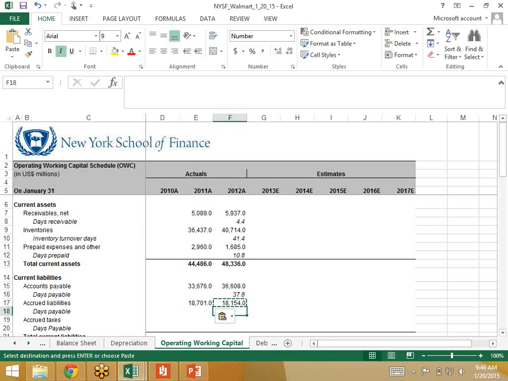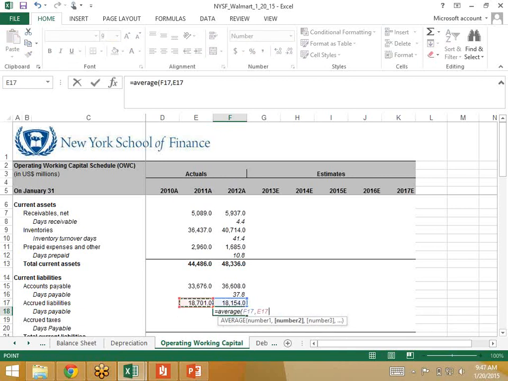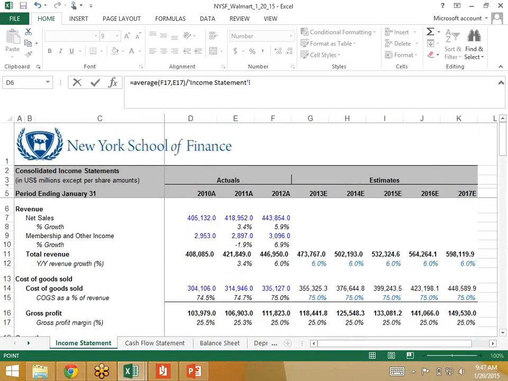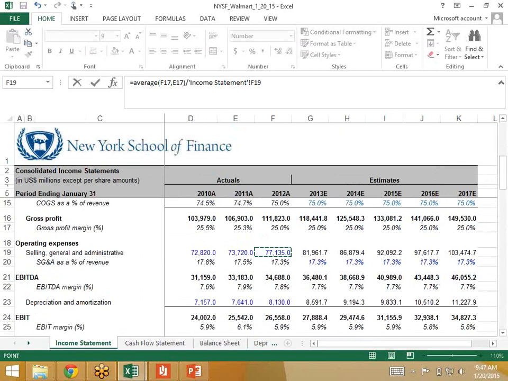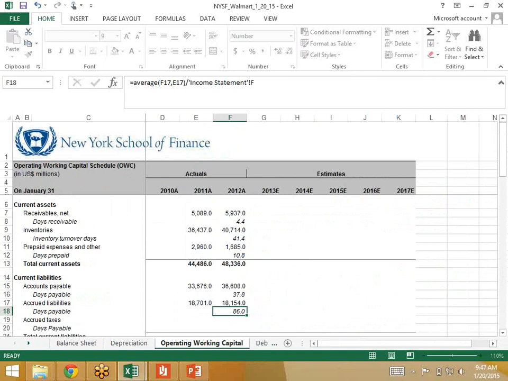So we're going to take the average accrued liabilities this year and last year, divided by SG&A, times 360. 86.